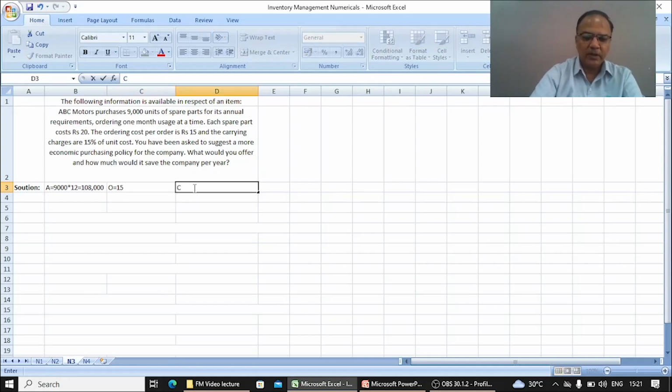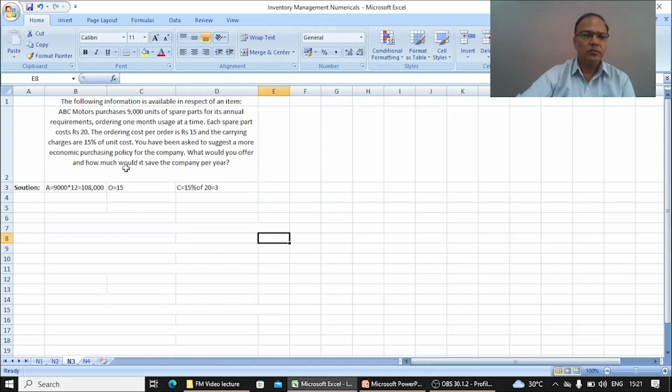Carrying cost C is equal to 15% of unit cost. Unit cost is 20. It means 15% of 20 is equal to 3.